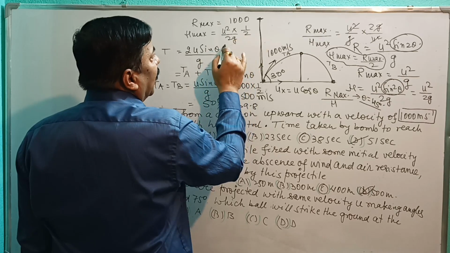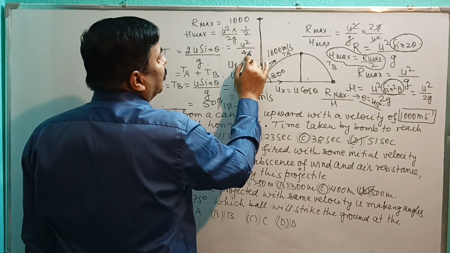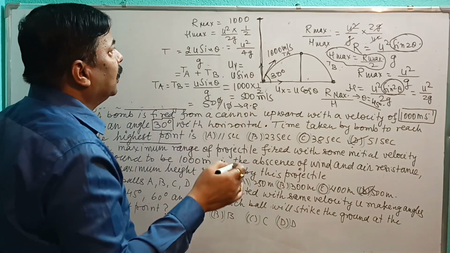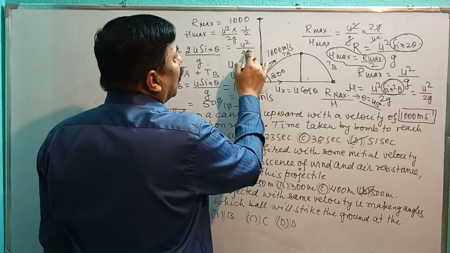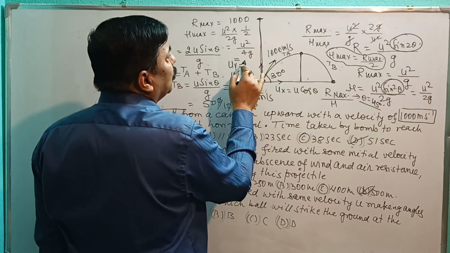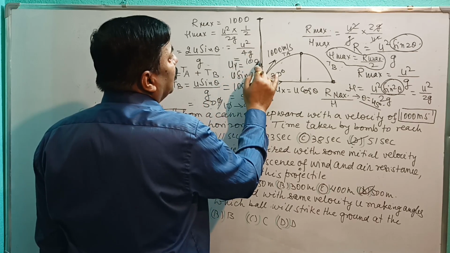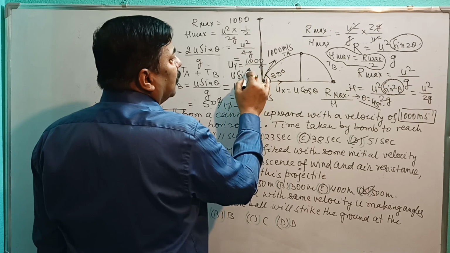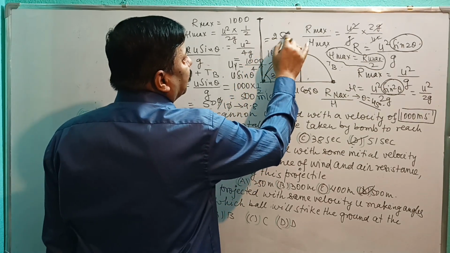So here you will be getting U square by 4g, and this is your what? This is your U square by g. So it is giving you U square by g is how much? 1000 by 4, that is 250.